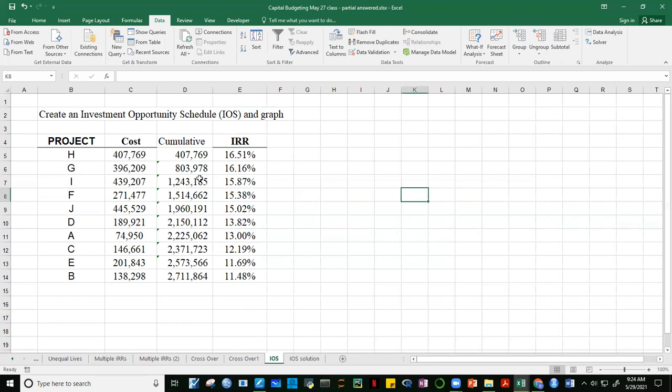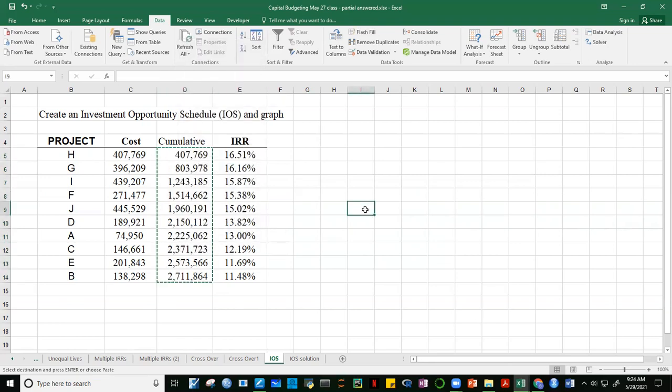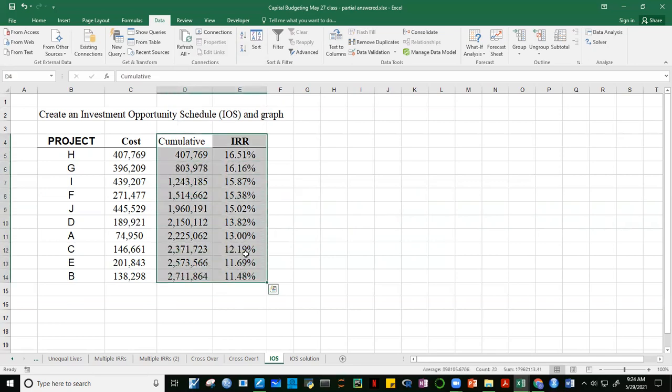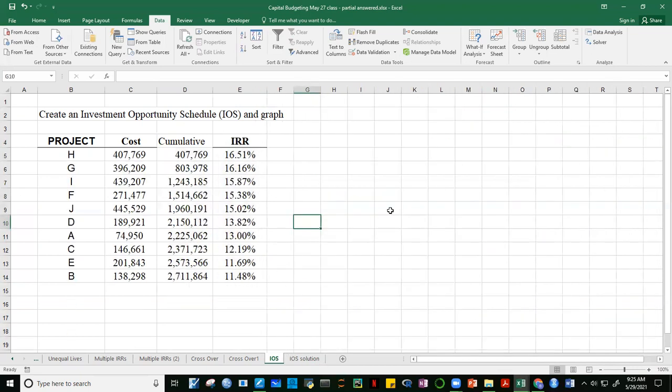So what we're going to do is remove the formula. Let's remove the formula here. So Control C and then paste the values. So these are now only values. Actually, what we're going to do is plot.